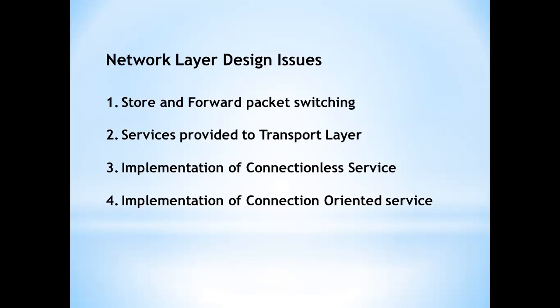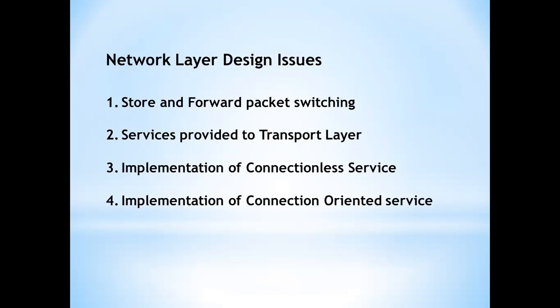Second is services provided to the transport layer. The network layer services are designed to achieve the following goals. First, the services should not be dependent on subnet technology. The transport layer should not be exposed to the number, type, and topologies of the subnet. The network address made available to the transport layer must use a uniform numbering plan. The network services can be connectionless or connection oriented.